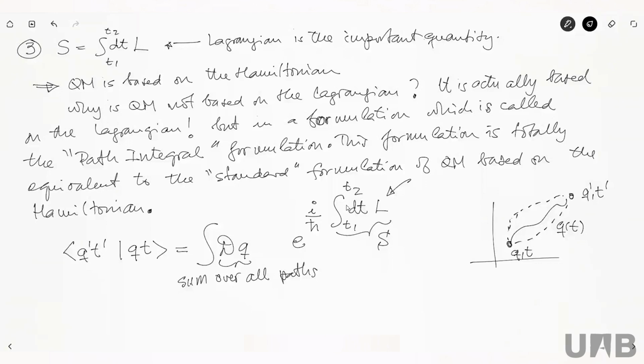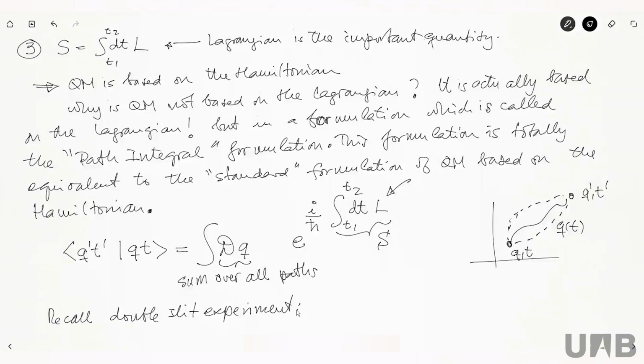Just by looking at the expression, without really knowing how to compute it, you can already understand qualitatively several things. So for instance, recall the double slit experiment. What is the double slit experiment?